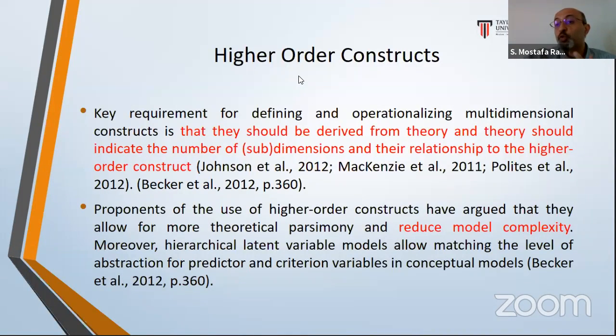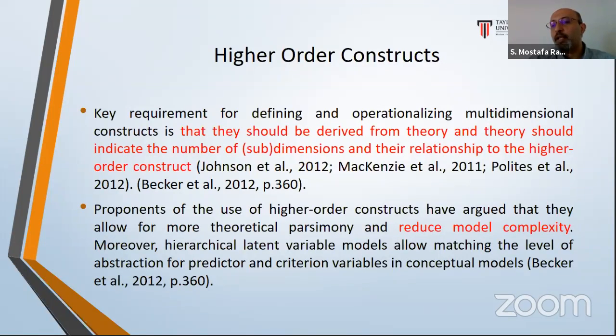We need to justify these dimensions, explain and define this higher order construct, and justify the dimensions of the higher order construct based on the literature. So this is the first thing we need to consider when we want to include a higher order construct.